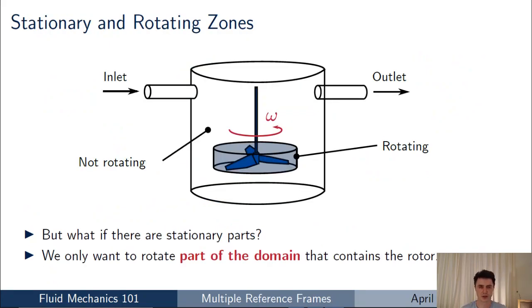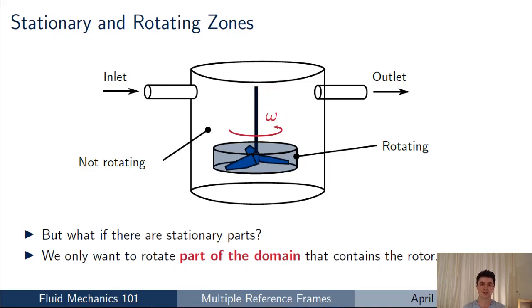So the motivation for the multiple reference frame approach is to think about some scenarios where often we want to rotate the rotor, but we can't physically rotate the domain around it. And one example might be the mixing tank, which I've got for you there on the screen. And what you can see with this mixing tank is that, of course, we want to rotate the impeller at the middle of the domain, but we can't spin the domain around the impeller because we've got these fixed inlet and outlets, which we need to have in a fixed position.